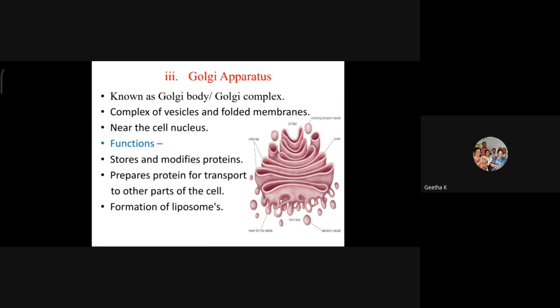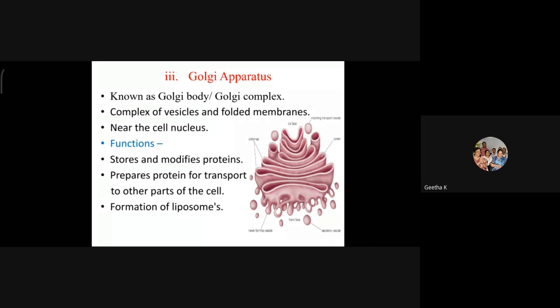Prepare protein for transport to other parts of the cell. Means it prepares the protein for the transportation of protein to other parts of the cell. Every part of the cell needs protein. So, Golgi apparatus stores protein, modifies protein, and prepares protein for transport to other parts of the cell.